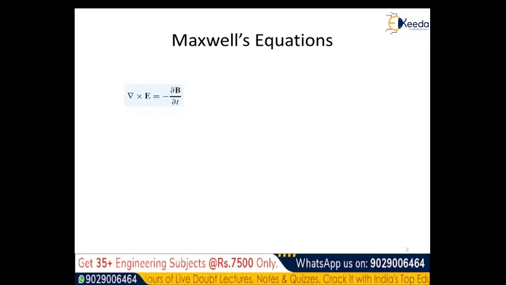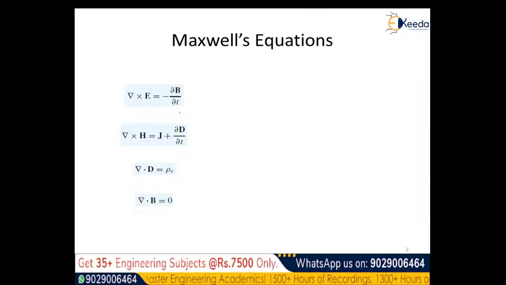I will first show you the four equations and then come to the explanation. The second equation is del bar cross H bar is equal to J plus del D by del t. Next we have del bar dot D bar is equal to rho v, and lastly del bar dot B bar is equal to 0.